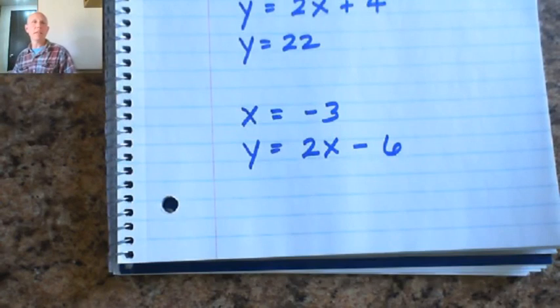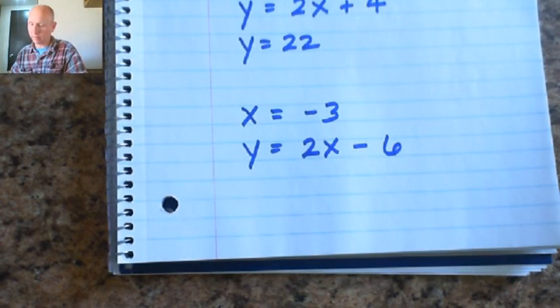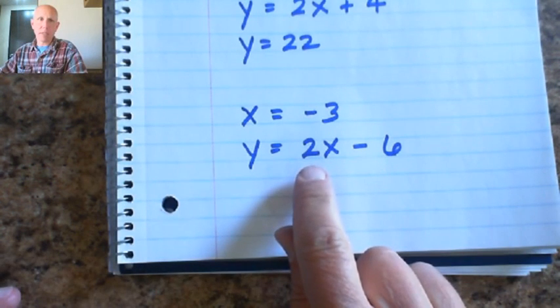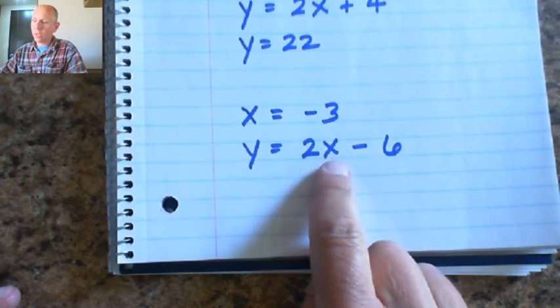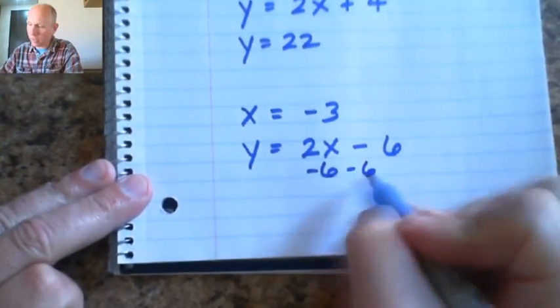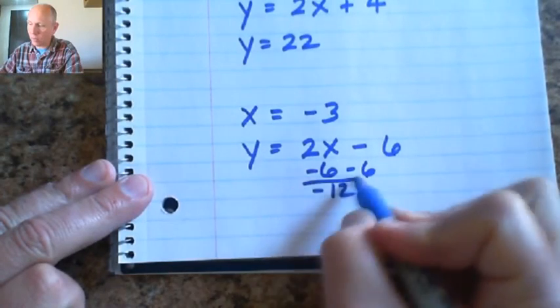You plug in the negative 3 and see what comes out. Pause it if you need to. 2 times negative 3 is negative 6, so this becomes negative 6 minus 6, which is negative 12.